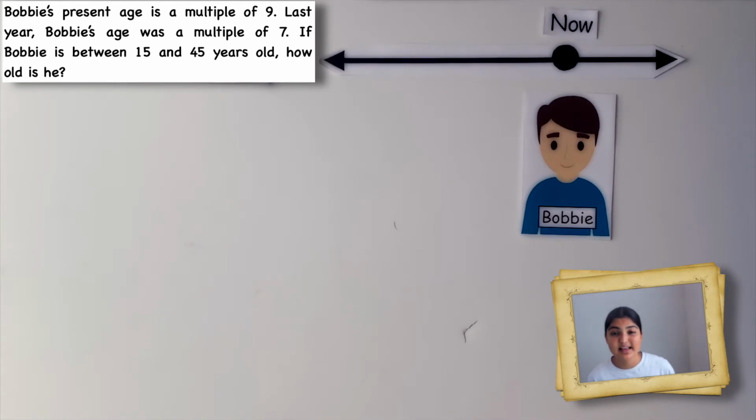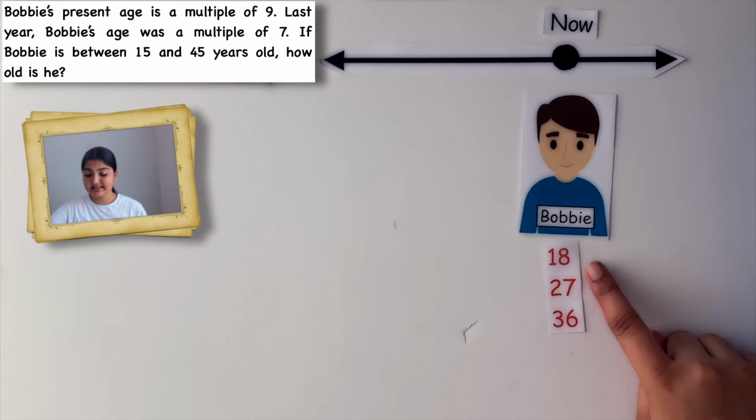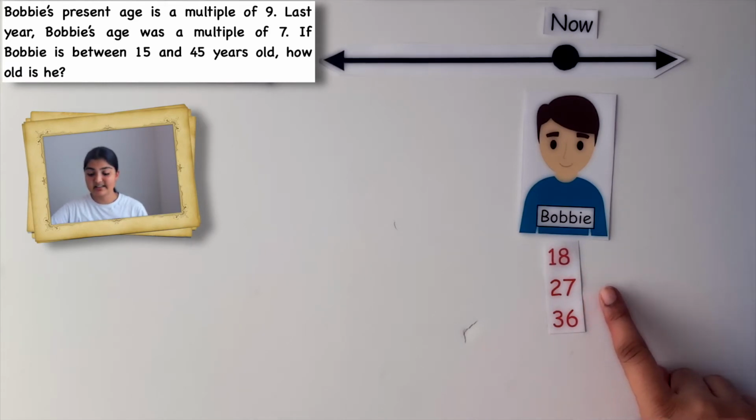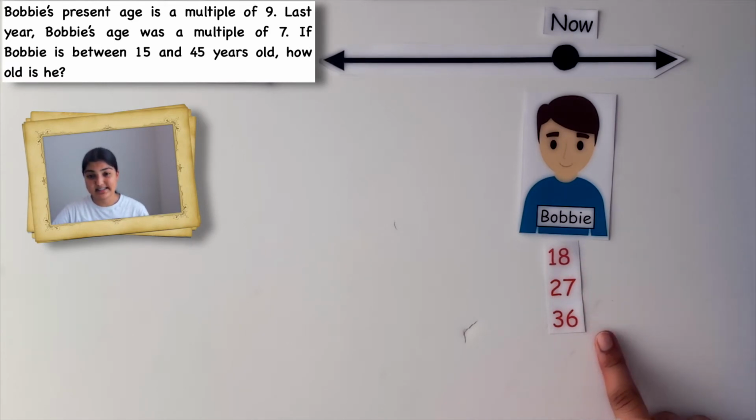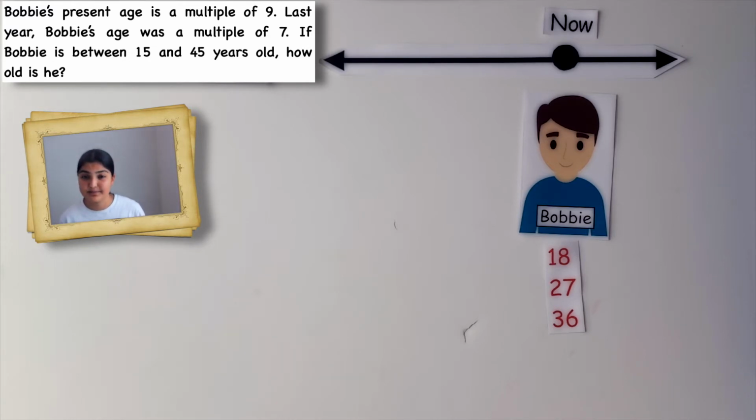So, let's write out all the multiples of 9 that are between 15 and 45. 18, 27, and 36 are all multiples of 9 that are between 15 and 45.